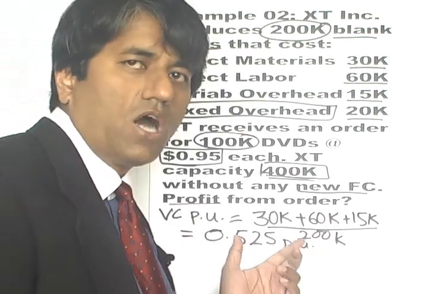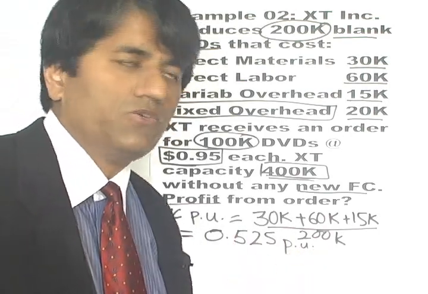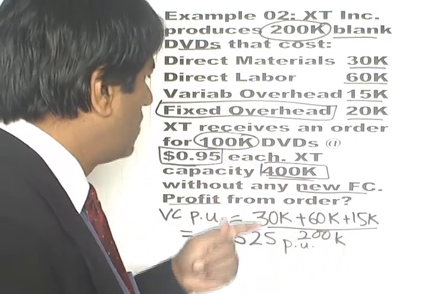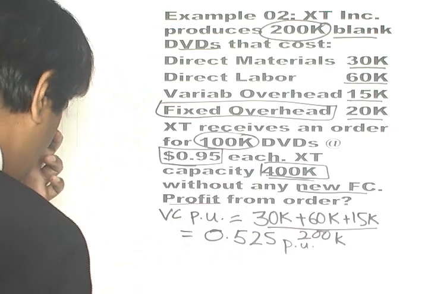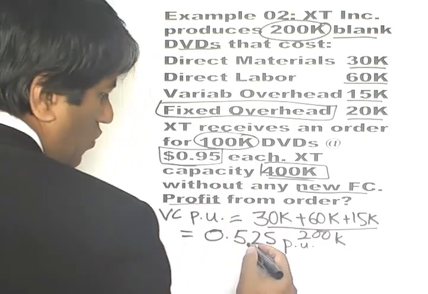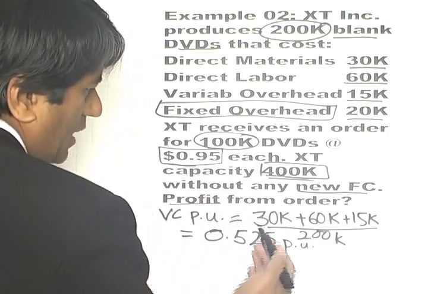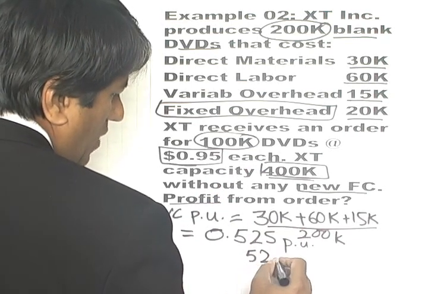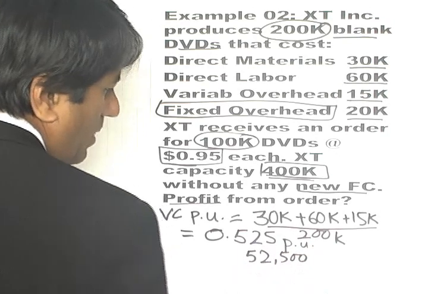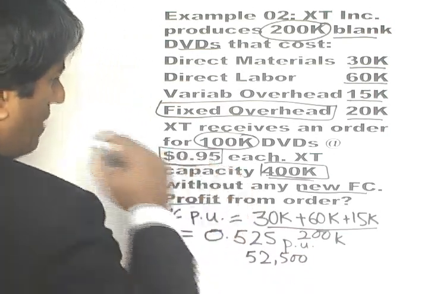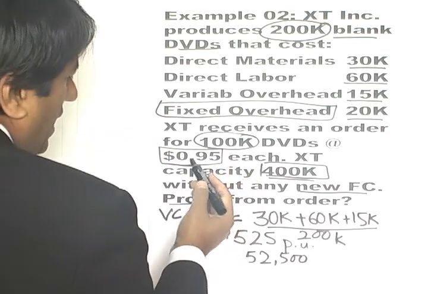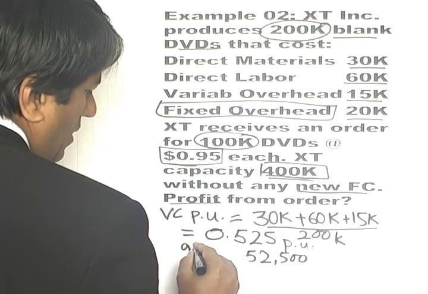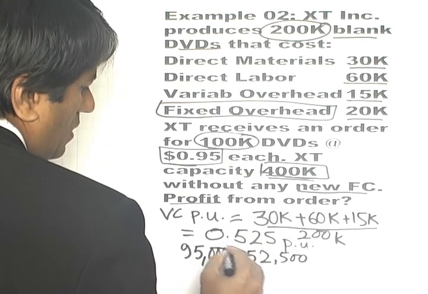So if this is the cost per unit for the firm to produce one blank DVD, then for 100,000 DVDs, the cost is going to be this multiplied by 100,000, which is 52,500, and the money it will be paid will be 95 cents into 100,000, so that will be 95,000.